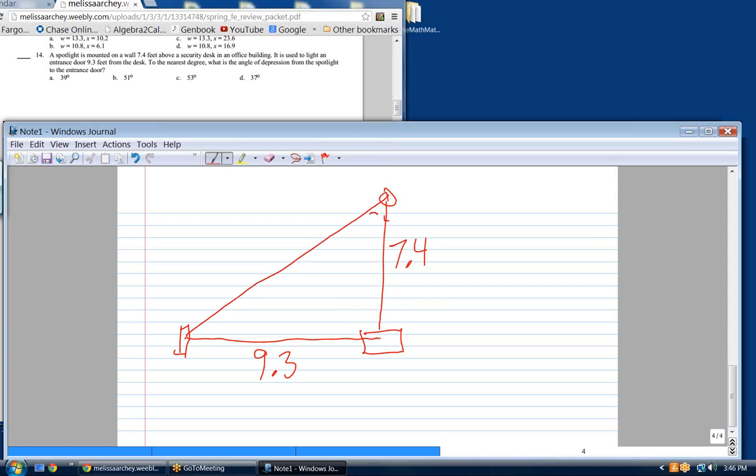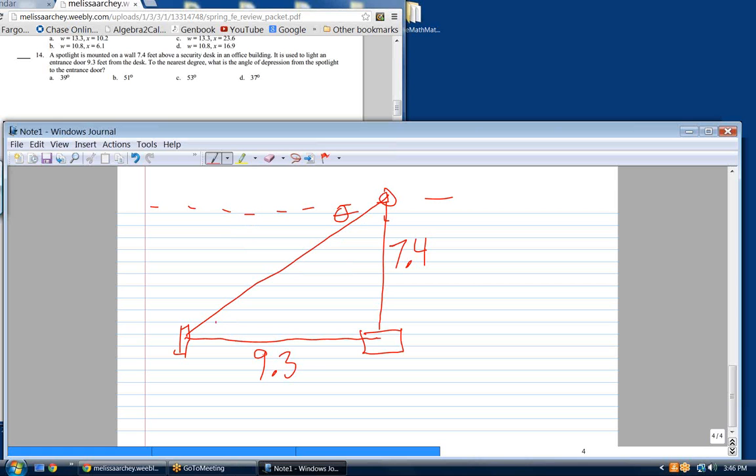So you just use it as like a hypotenuse? Actually, the angle they're looking for is not this one. The angle of depression is this. And that is the same because this dotted line is parallel with the 9.3 line, and we have two parallel lines with a transversal.